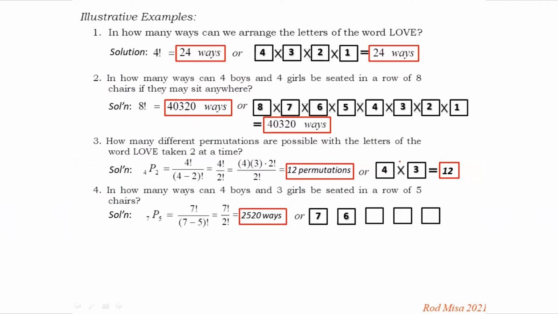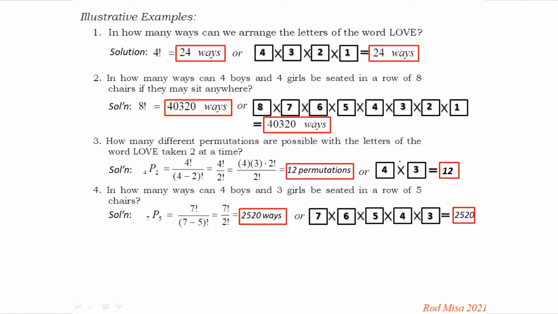And in the third chair, I am left with 5 choices because 2 of the 7 students have seated already in the first 2 chairs, and so on and so forth. And then multiplying all these numbers, we get 2,520. So you can see that our answers are just the same using the permutation theorem or using the fundamental principle of counting.